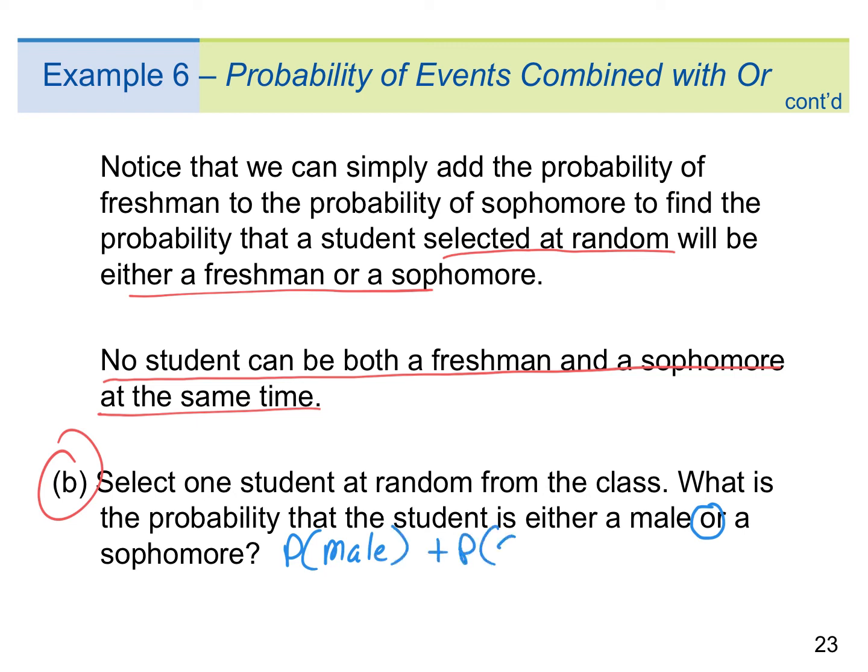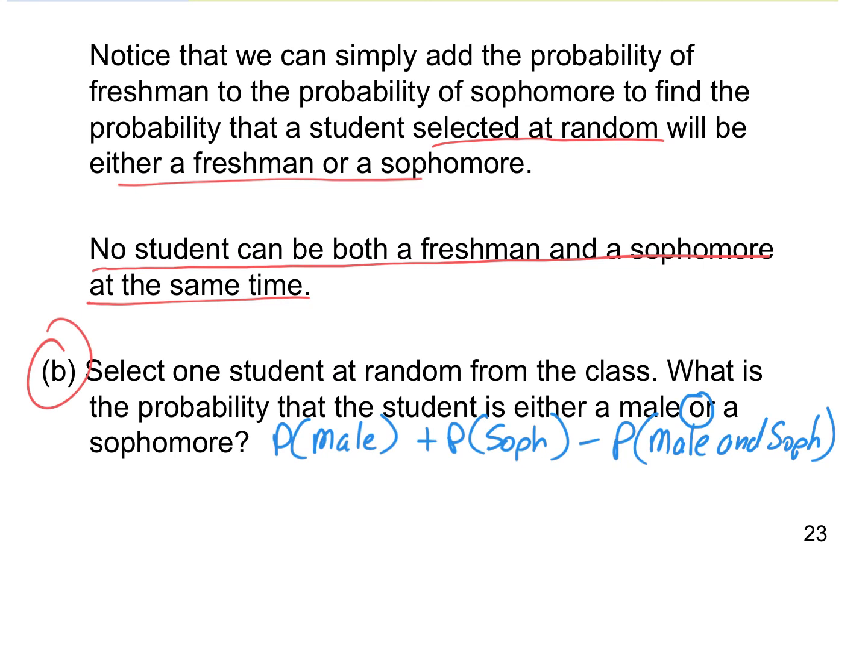I can find the probability of a sophomore. But everybody, we must subtract any student that is a male and a sophomore at the exact same time. That means these events are not mutually exclusive. Phenomenal.